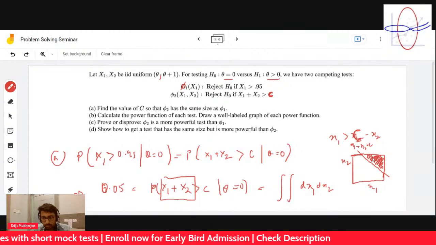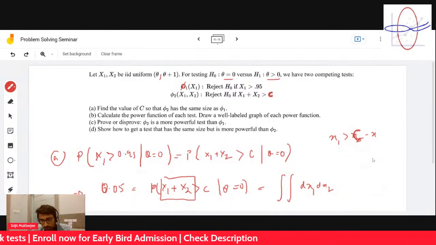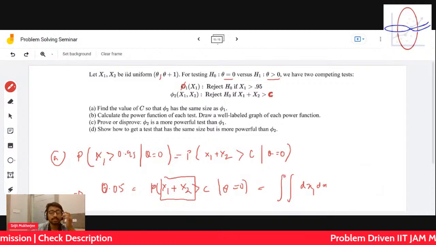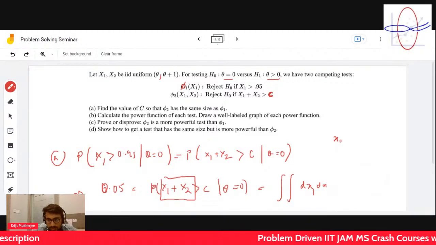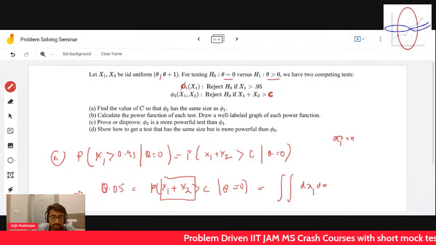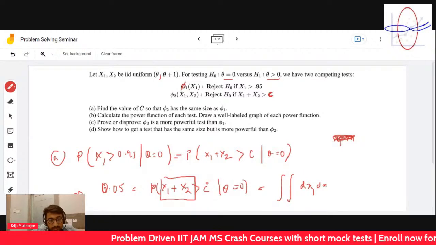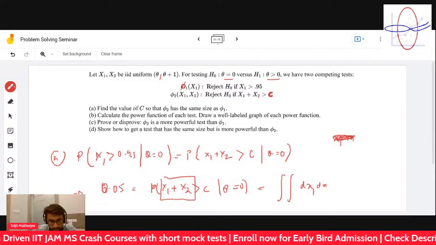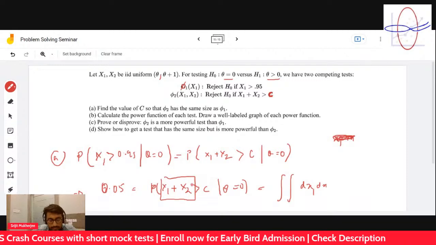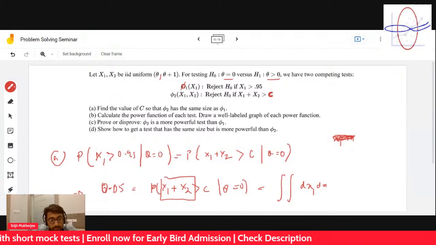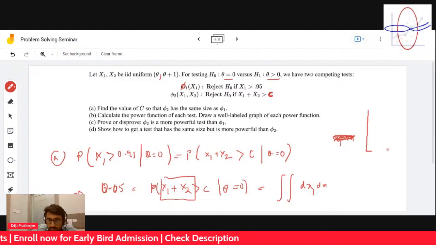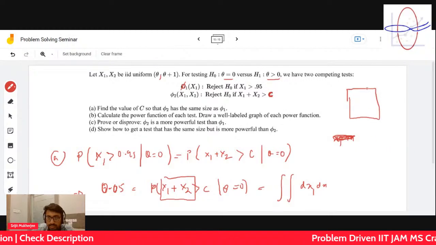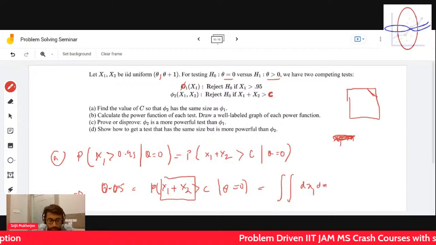So I think we can do it in a different manner instead of the diagram. x1 plus x2 is greater than c. There are two different cases: c greater than 1, and c less than 1. The probability is 0.05, so you can easily understand that the region is really small, since the probability is really low.